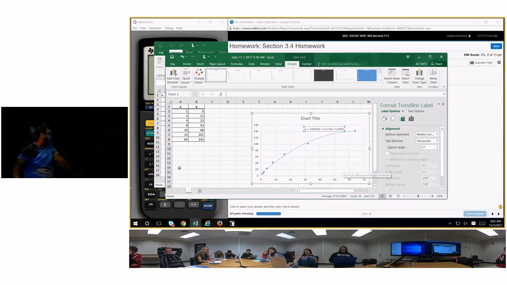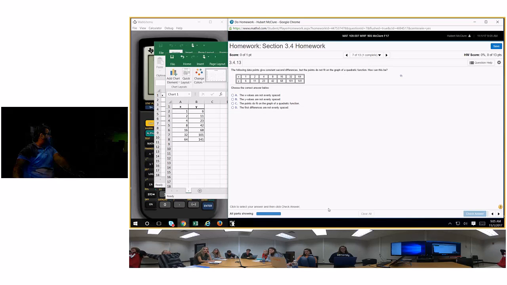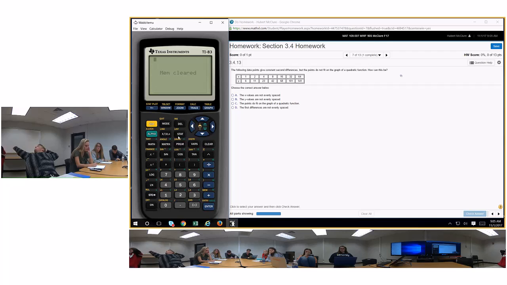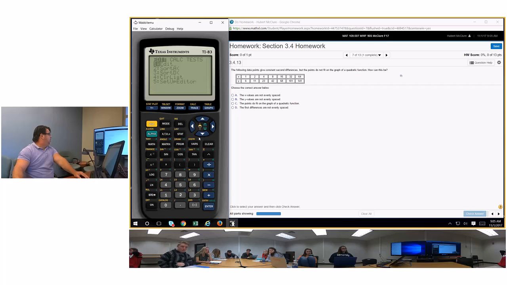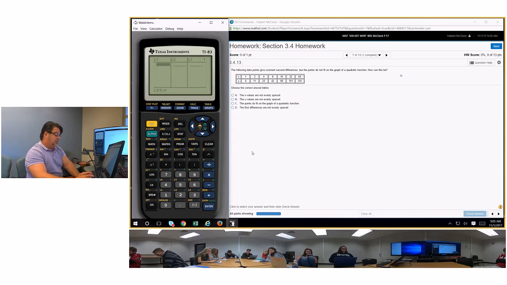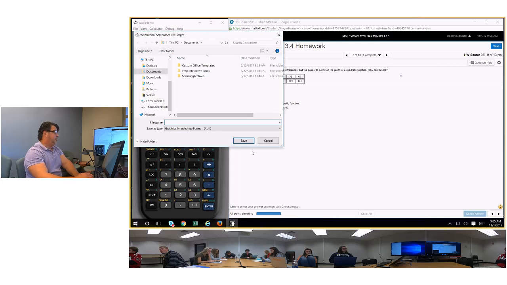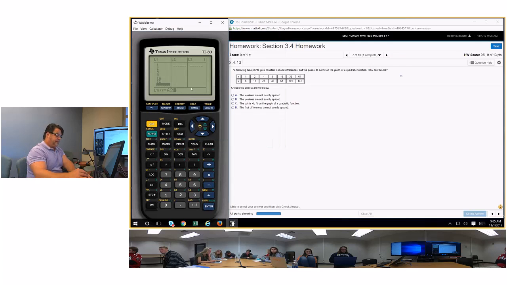If you're going to use your calculator on this question, then of course you need to go to Stat, go to Edit, and type in 1, 2, 4, 8, 16, 32, 64.